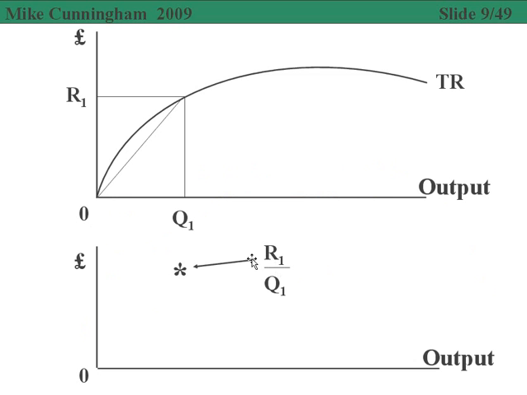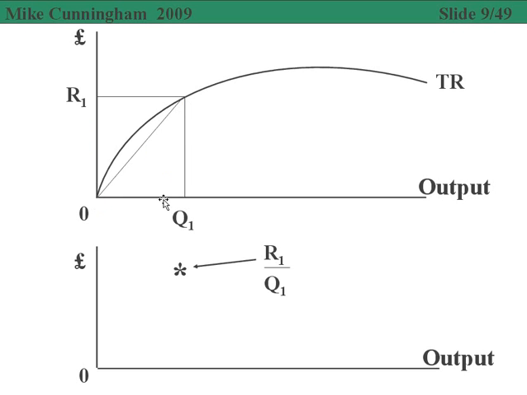If you look at this ratio here, R1 to Q1, which is just our average revenue, it is the total revenue, R1, divided by the output, Q1. That's how you work out an average. Not very difficult. In fact what we've got here is R1, this distance up here, which is the same as the distance here. So the length of that line is R1.